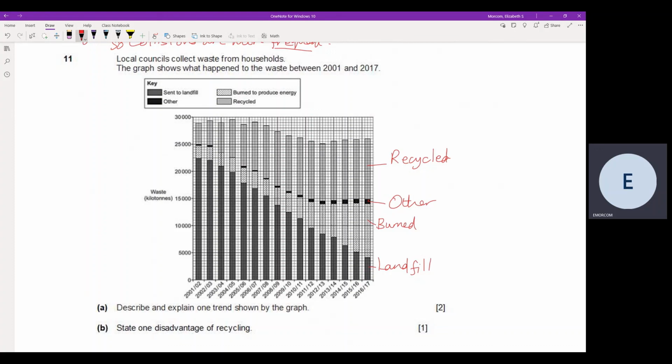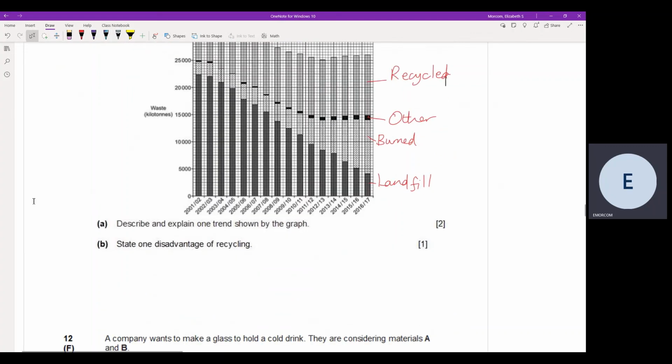Probably the easiest one is to talk about why landfill has decreased. We can either use the information on the graph to link it together, or we can use our own knowledge. So let's say less waste is sent to landfill, and then you can either say because more is recycled or more is burned to produce energy, or we could talk about the public being more aware of recycling. That's using our extra knowledge.